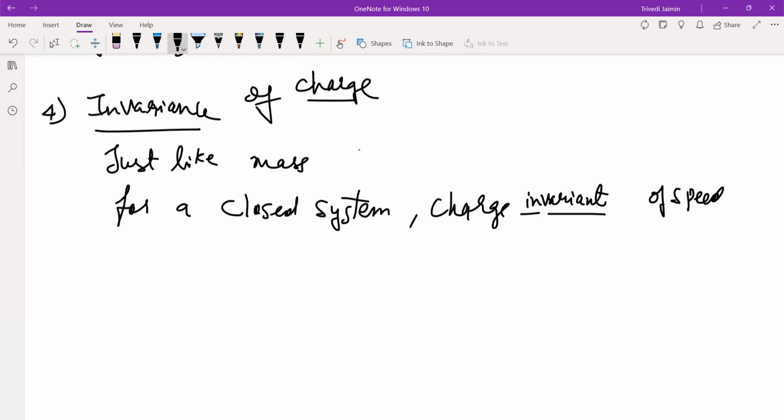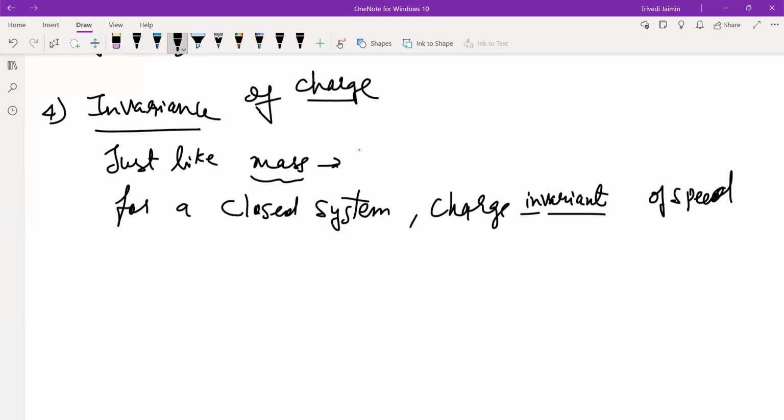Variant means variable. Invariant means never change. Simple. Charge is invariant with speed. Even mass is never changing, let it be whatever acceleration due to gravity. Whatever the speed of light or whatever speed it is, even 3 into 10 power 8 doesn't matter, but charge will be invariant.